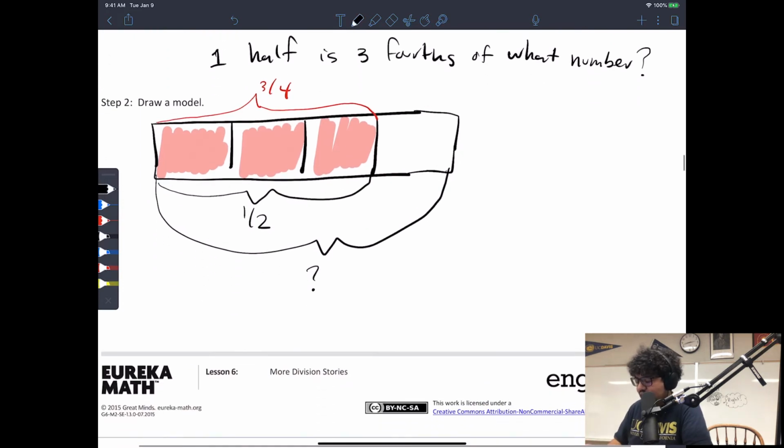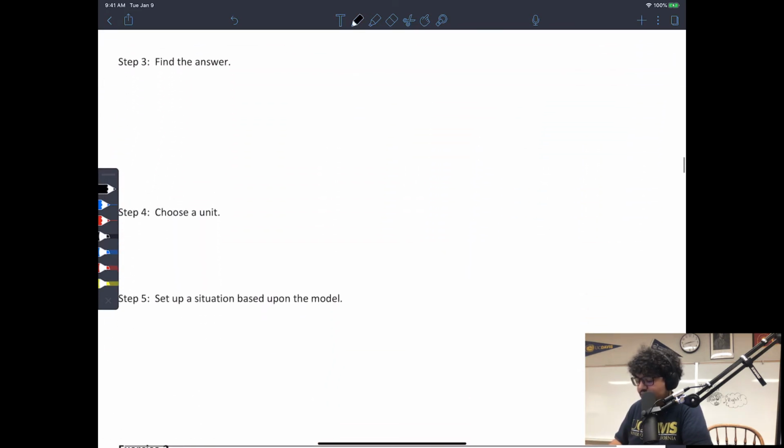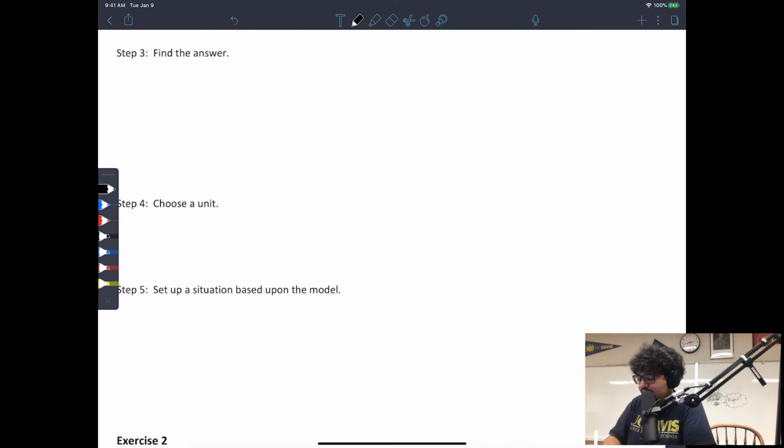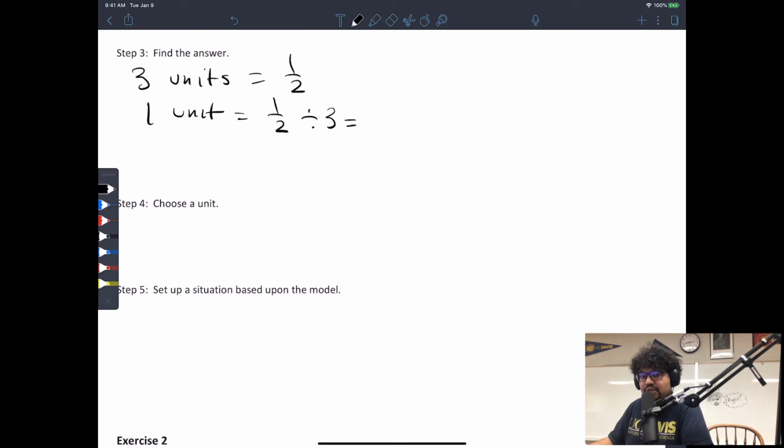So if we go to step number 3, find the answer. I already know that all those 3 units have a value of 1/2. And so if all 3 of them are 1/2, then for 1 unit, I'll need to take that 1/2 and divide it by 3.